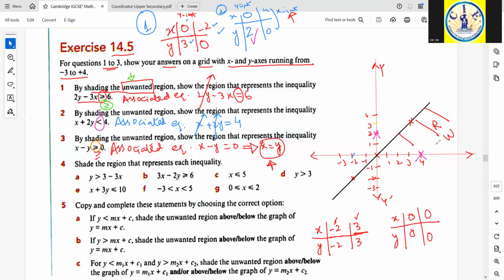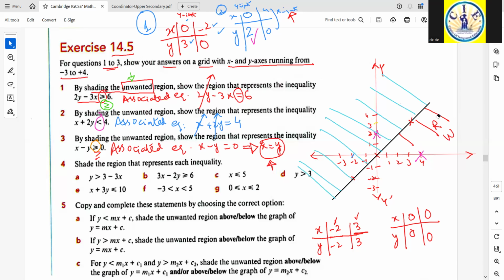So this is the wanted region. So according to the condition of the question, we need to shade the unwanted region. So the shading would be this one, this one, this one, this one, because this is the region which is not required by us, unwanted.